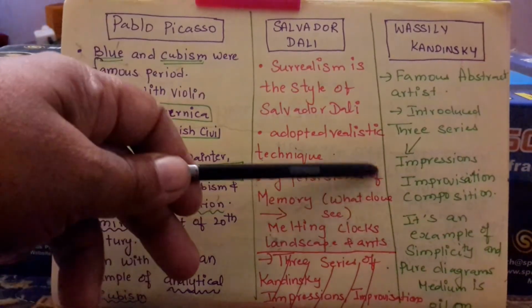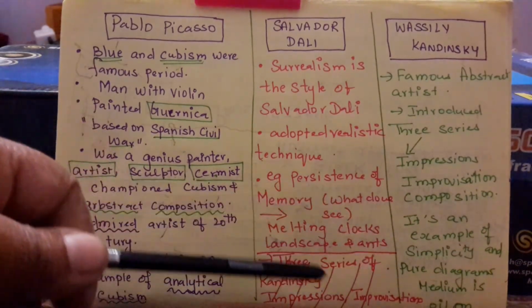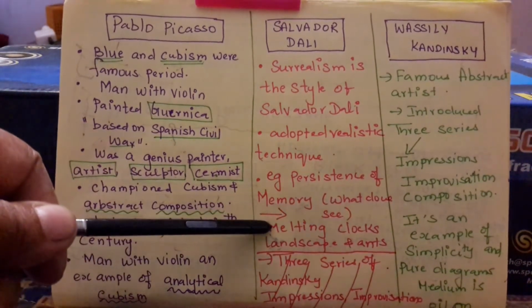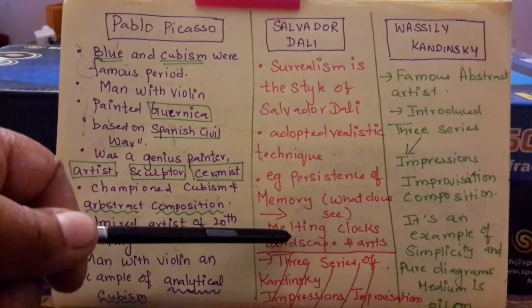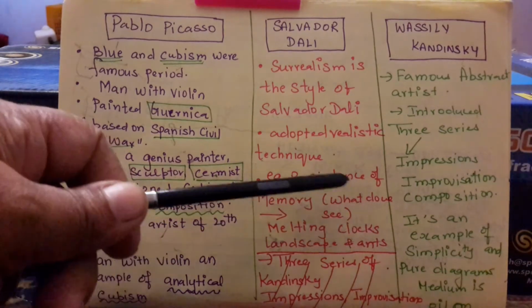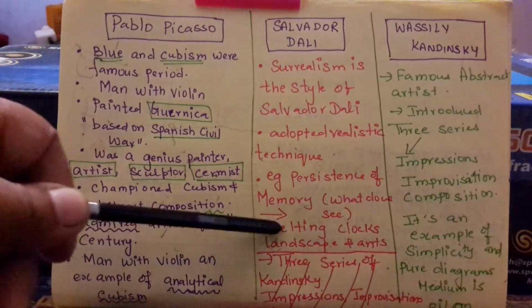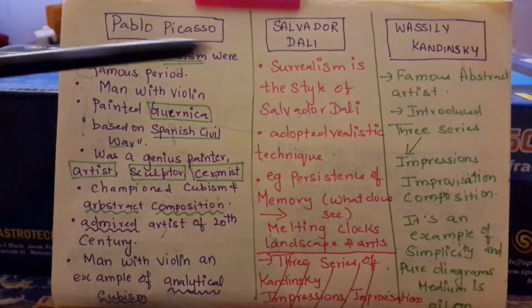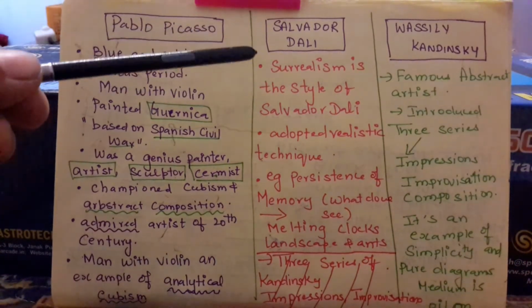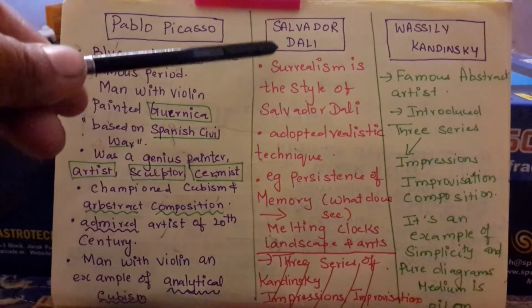Now what do you see in Persistence of Memory? We see that there are melting clocks, landscapes, and ants, which are not regular elements of an artwork, but rather quite absurd. So when we relate Salvador Dali to Surrealism, we already know what to define.